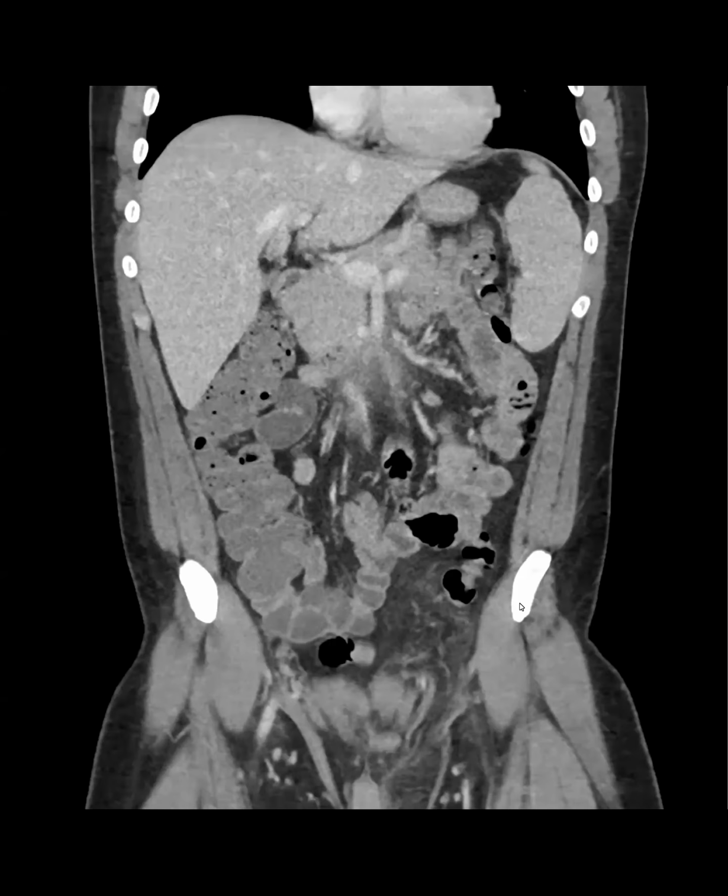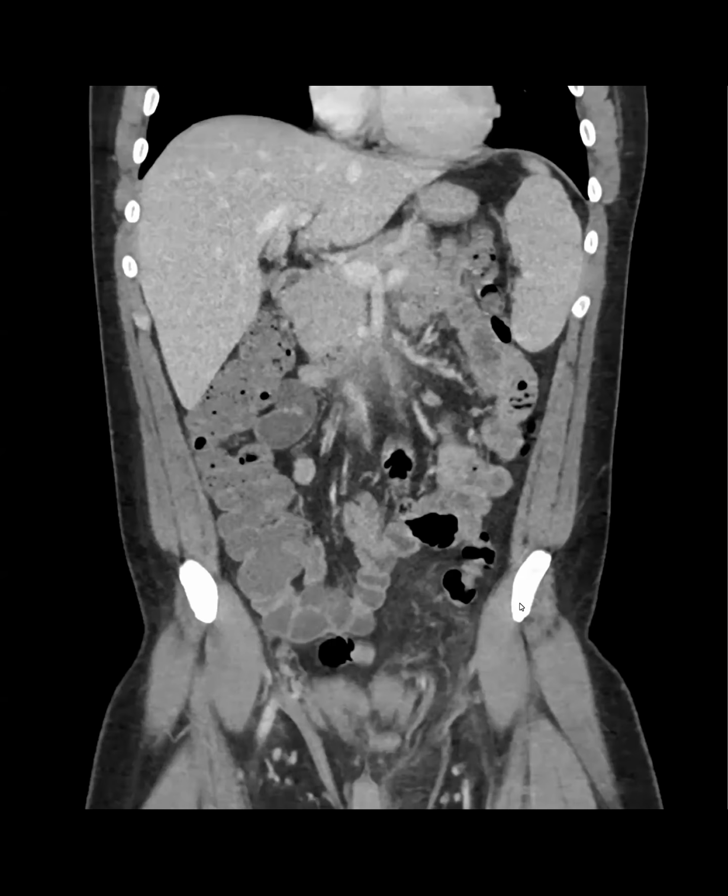I forget what the arc of Riolan goes from, but I think this one is still within the SMA arcade system. It's supplying from the first branch, and the middle downstream branches are occluded, but it's able to reconstitute the flow. I will Google it as we review the next case.